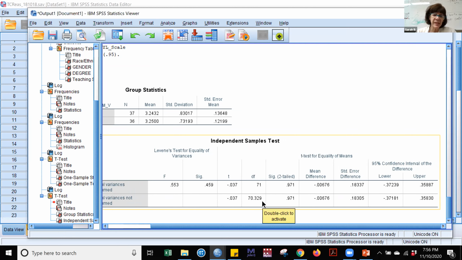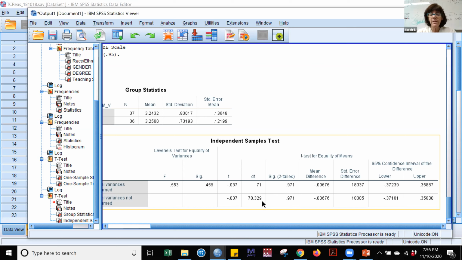You don't need to worry about the technicalities of this, but if you fail to meet the assumption according to Levene's test on an independent samples t-test, then it is okay unless you have a really egregious example, which is kind of a judgment call, of a lack of homogeneity of variances.